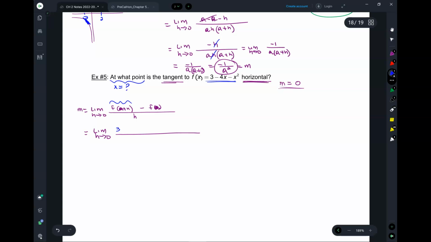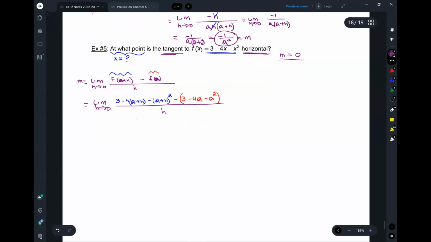So 3 minus 4 times a plus h, minus a plus h squared, minus f of a. So f of a is 3 minus 4a minus a squared in parentheses, all over h. You're putting it into the function, switching out the x's with a plus h.